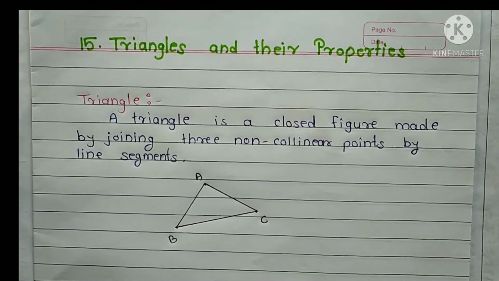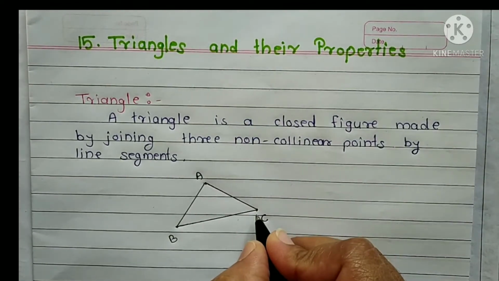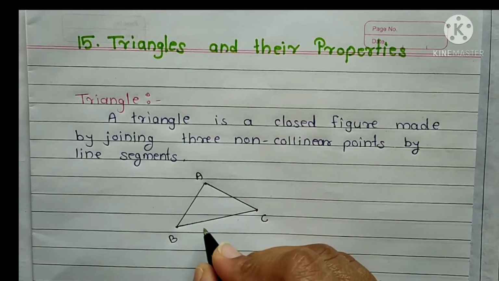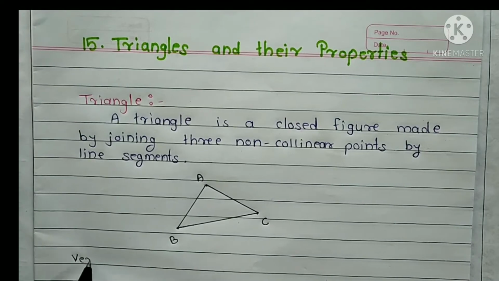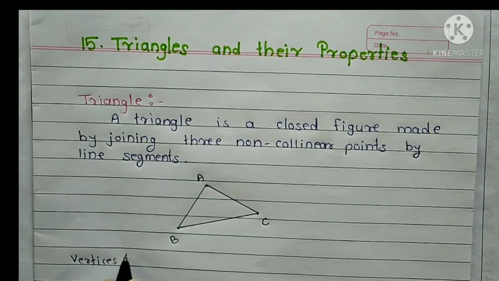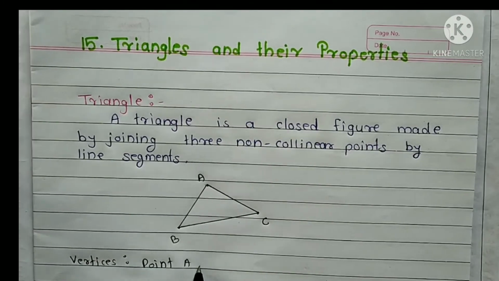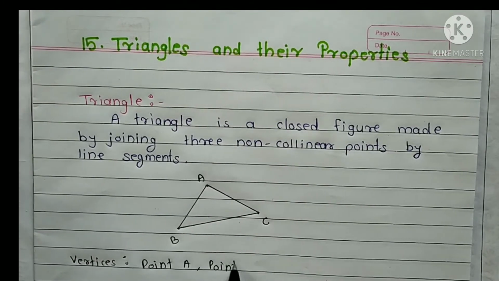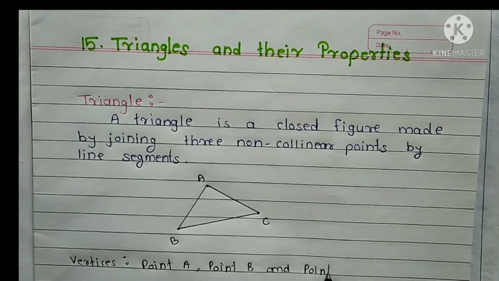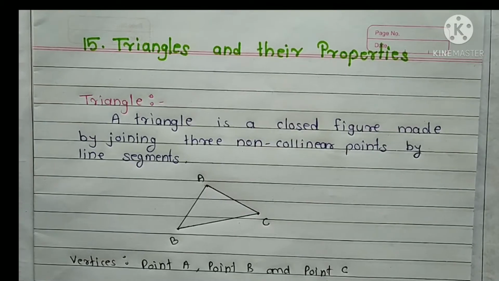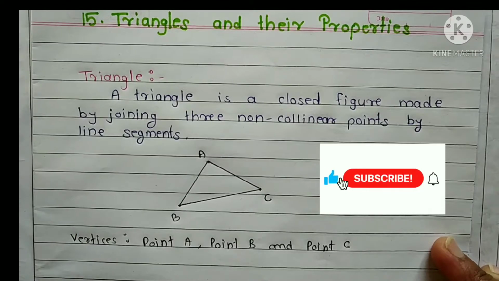Here point A, point B and point C are called vertices of triangle. See here, I write down: vertices are point A, point B and point C. And triangle has 3 sides.